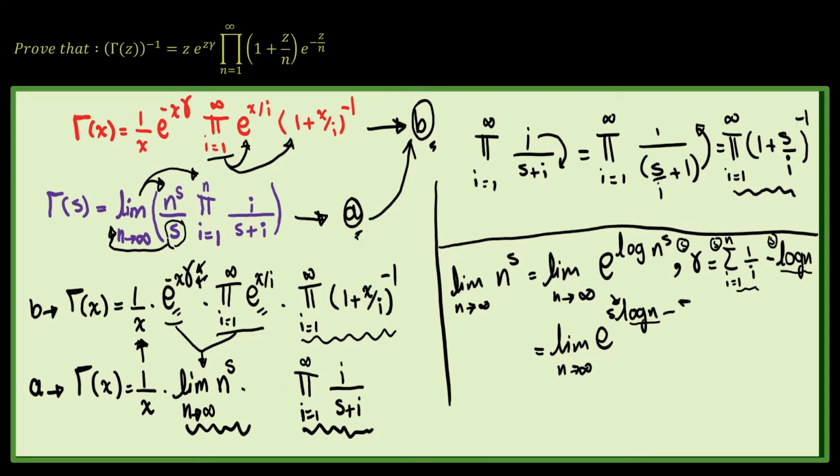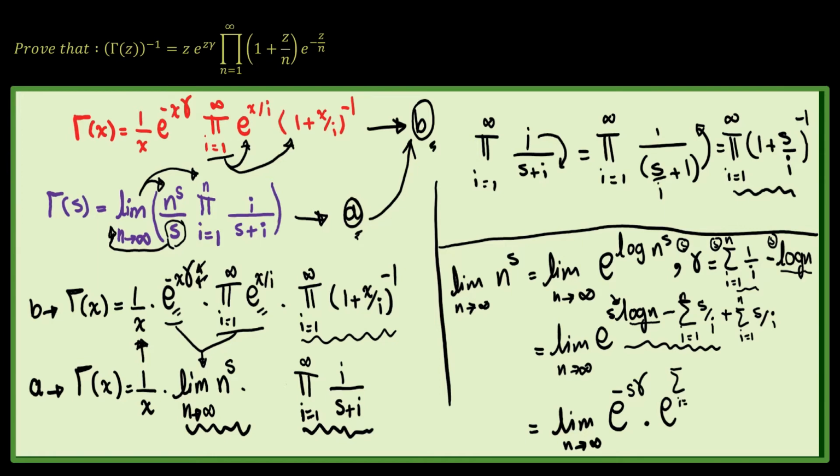So minus sum i from 1 to n of s over i plus sum i from 1 to n of s over i. Now we will take minus s as a common factor to get the harmonic series. It's going to be minus s small gamma, but there will still be e raised to the sum i from 1 to n of s over i.